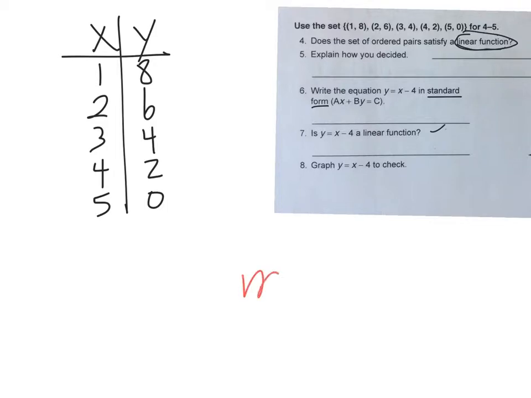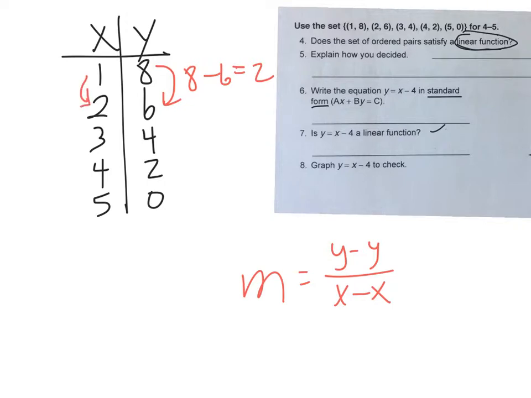Now remember, in order to find a slope, it's y minus y over x minus x. So it doesn't matter which direction you go. I'm going to do this. So 8 minus 6 is 2. Same direction, 1 minus 2 is actually -1. So when you have a rise over a run, you get 2 over -1.